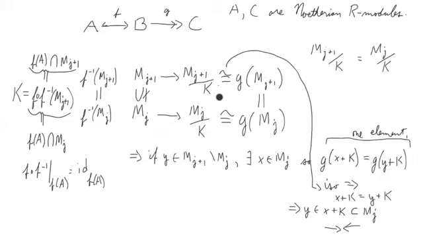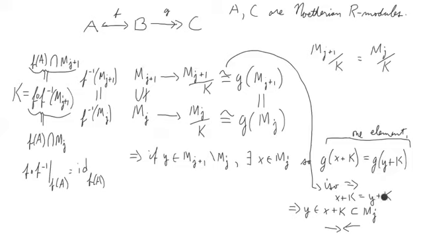Now, x + K and y + K are both elements of this quotient, and both have the same image. Because it's an isomorphism, a bijection, these two cosets are going to be identical.